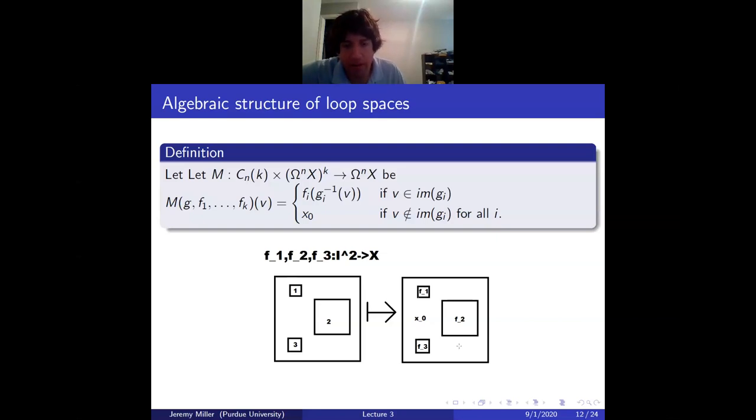So we're trying to find a function: given a point in this big cube, I need to tell you where in X it goes. I'm claiming that what I need to do, given these three maps and this picture of a cube, is tell you a rule such that if you give me a point in a cube, I give you a point in X.